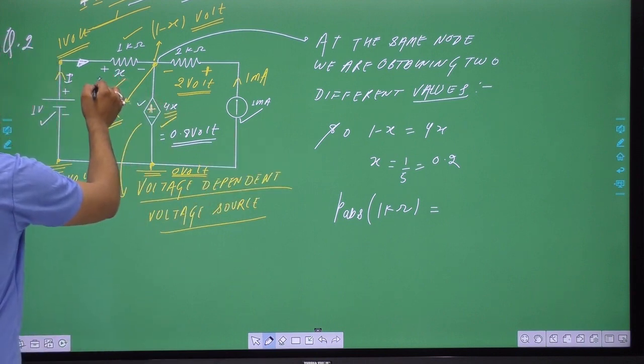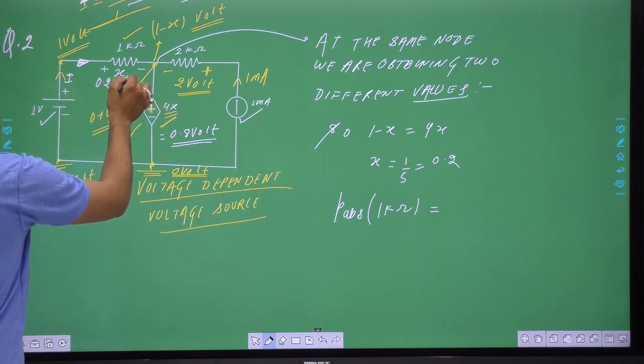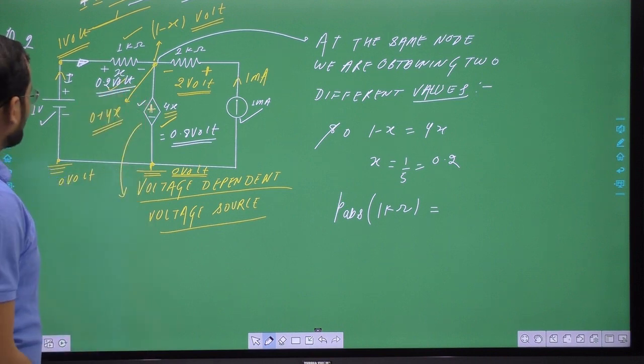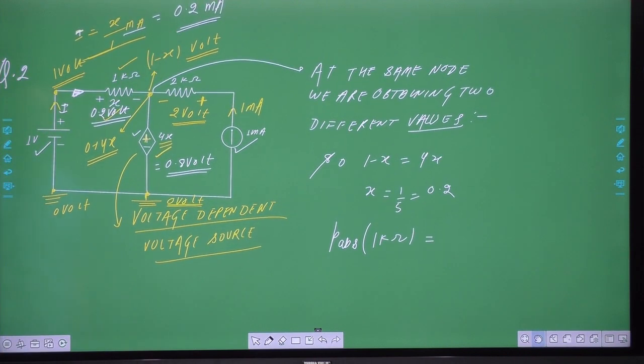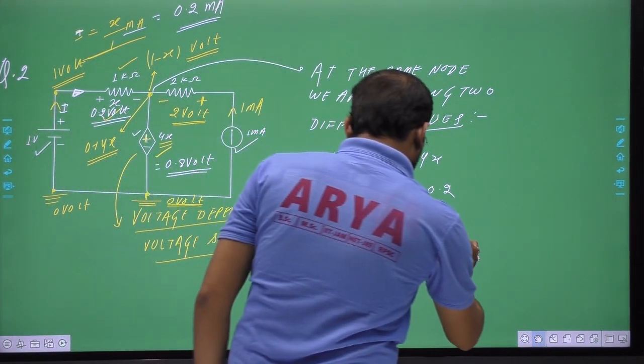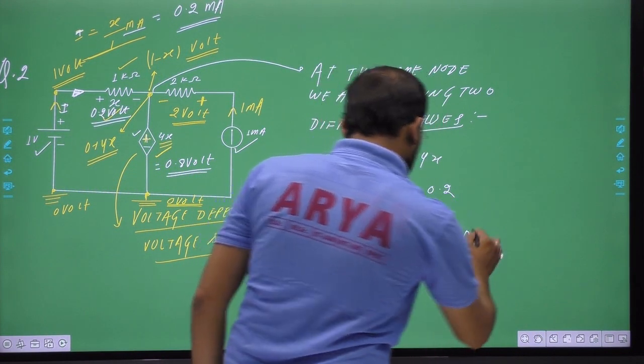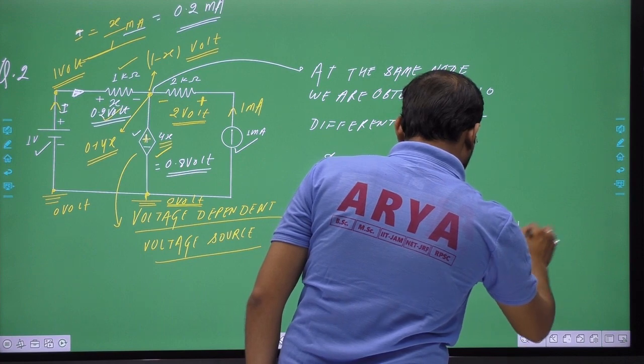Value of V is 0.2 volt. Then we multiply with I, which we already determined is 0.2 milliampere, and V is 0.2 volt. Then power absorbed by 1 kilo ohm is 0.04 milliwatt.